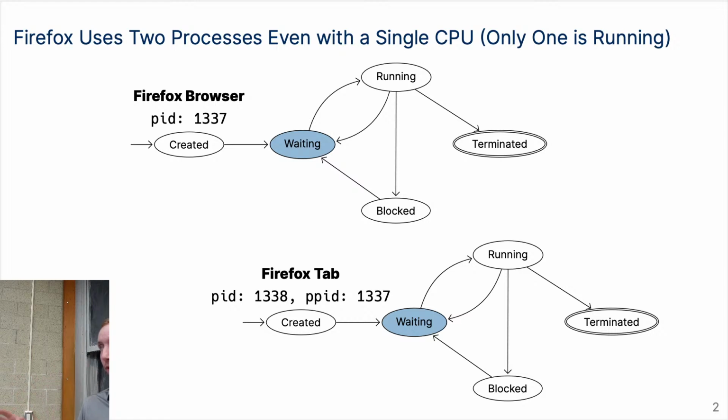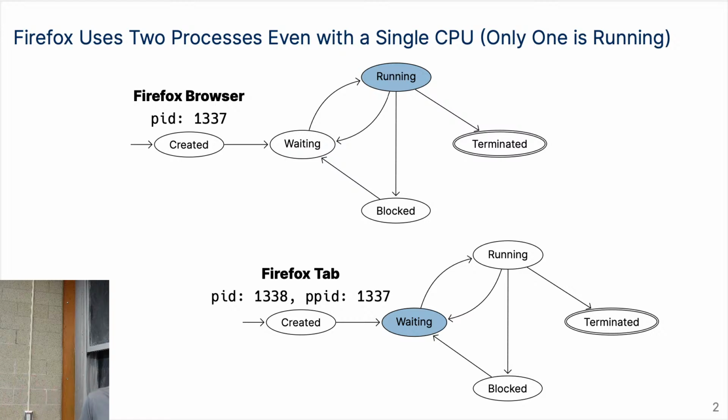Then the kernel would restore whatever process it wants to run and set the registers to those values. So it would set the program counter to wherever that process left off before, and then the kernel could just have it execute and give it the CPU.